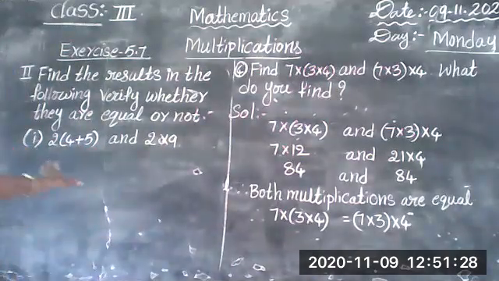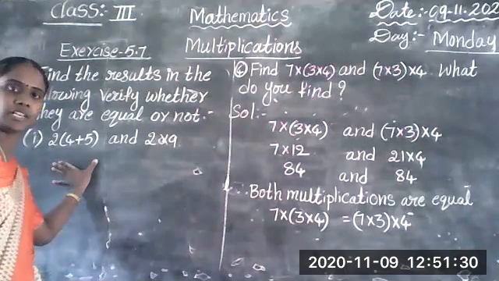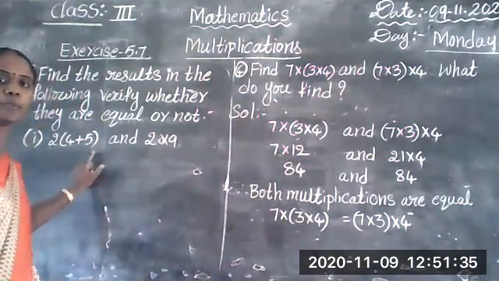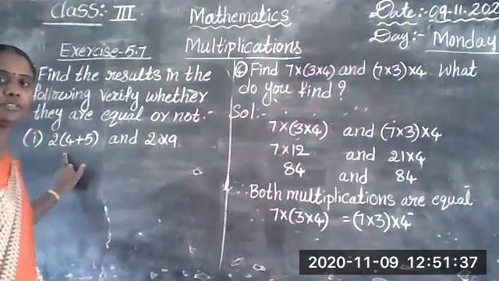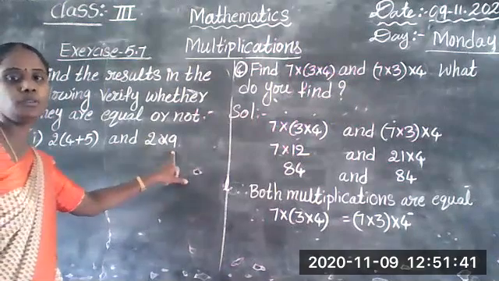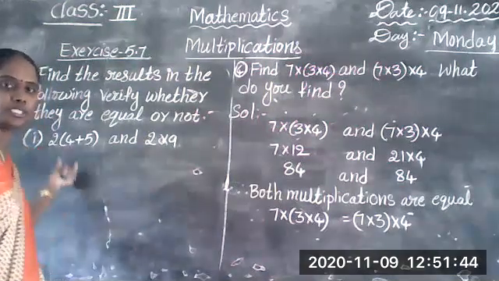See children, here also same. This is one of the problems. First 2 into 4 plus 5, and 2 into 9. First do this one.